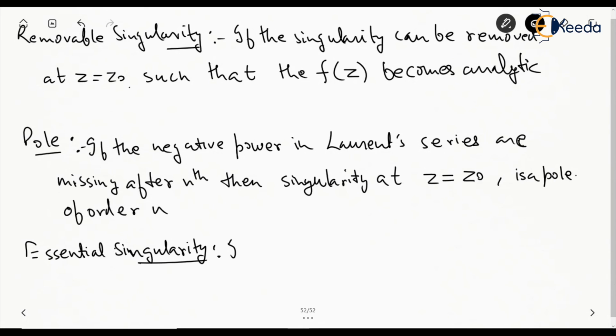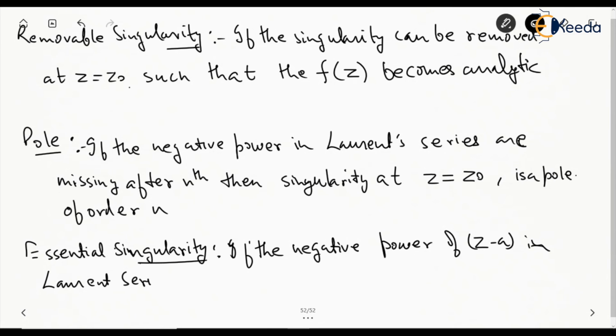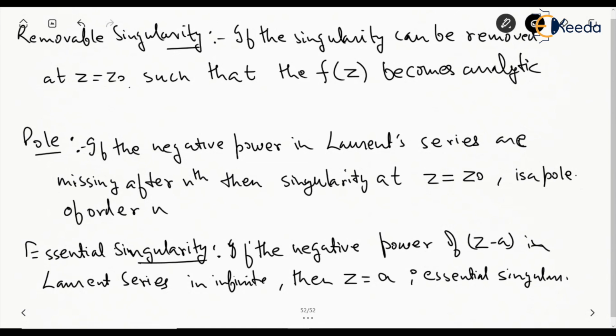So if the negative powers of z minus a in the Laurent series are infinite, then, since we have written z minus a, z equal to a is an essential singularity.